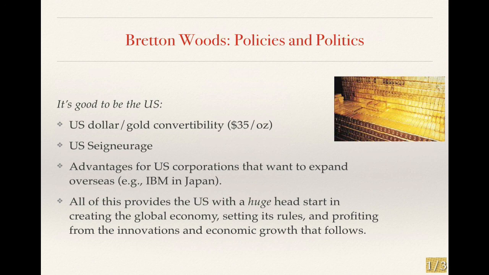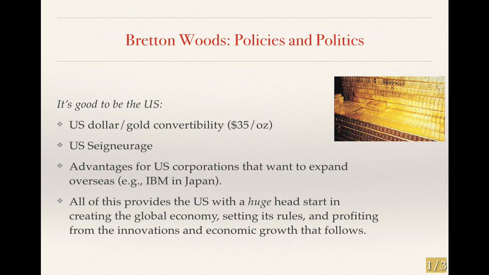This provides huge advantages for US corporations that want to expand overseas. In the 50s and 60s, when IBM wants to expand in Japan, it's very easy for them to do so. After all, they have a US headquarters. That US headquarters can always borrow US dollars.